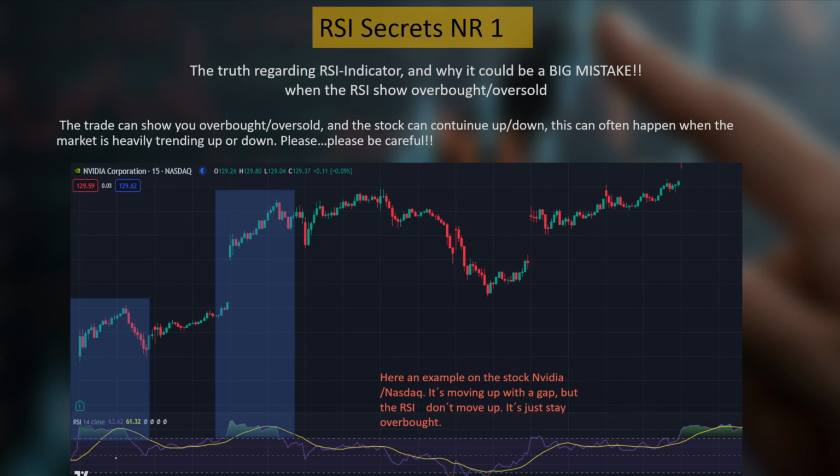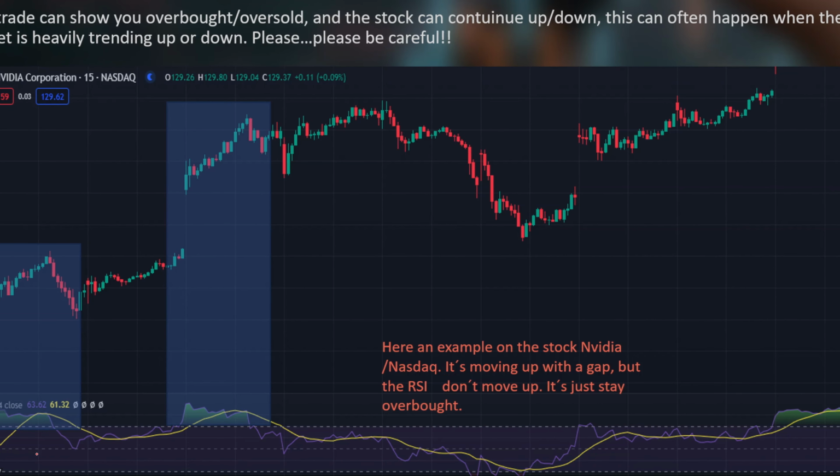As you can see in this example of Nvidia, it's overbought here at this place, and then it goes down and pulls back, and then goes up here a little bit, and then a gap, and trending heavily up.